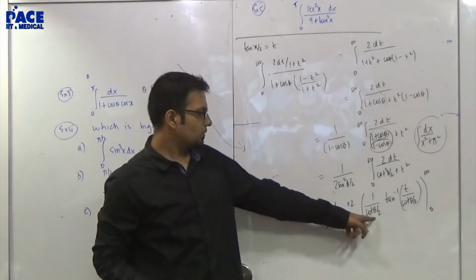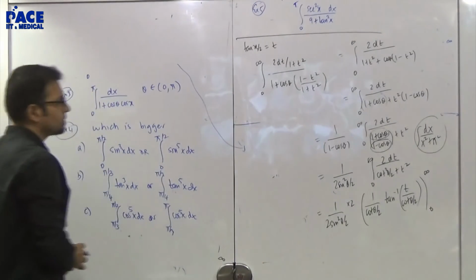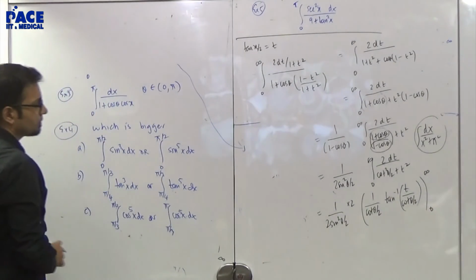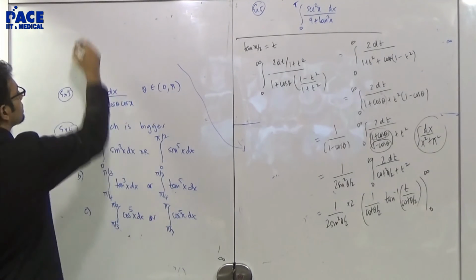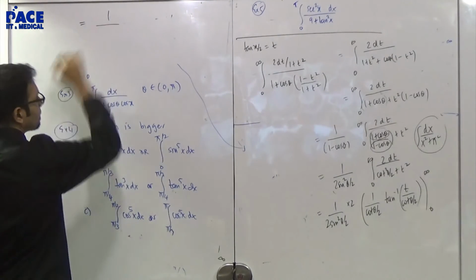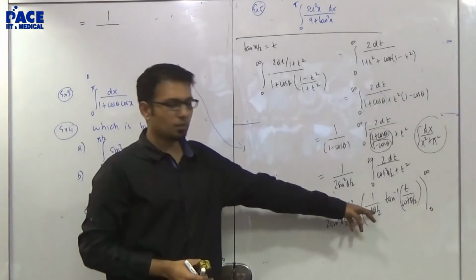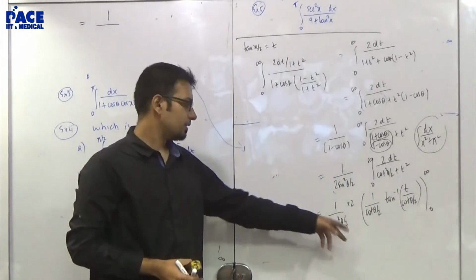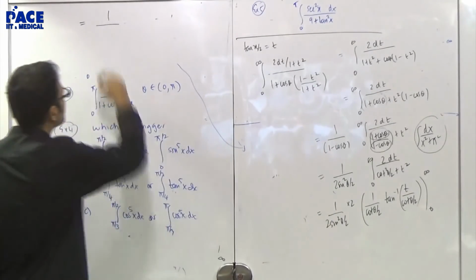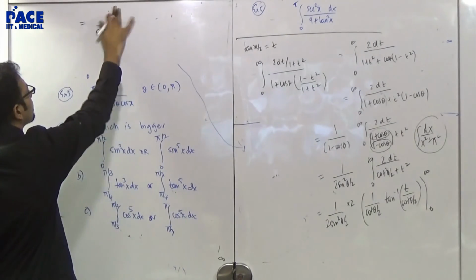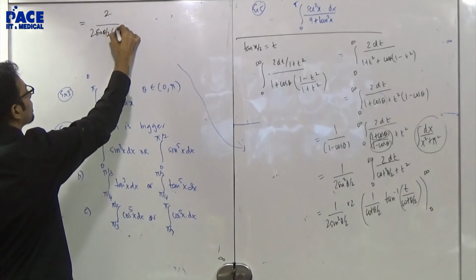What is sin square into cot theta by 2? Yeah, it's sin theta into cos theta. This product, cos by sin and sin, one sin will cancel. So it becomes sin theta by 2 cos theta.